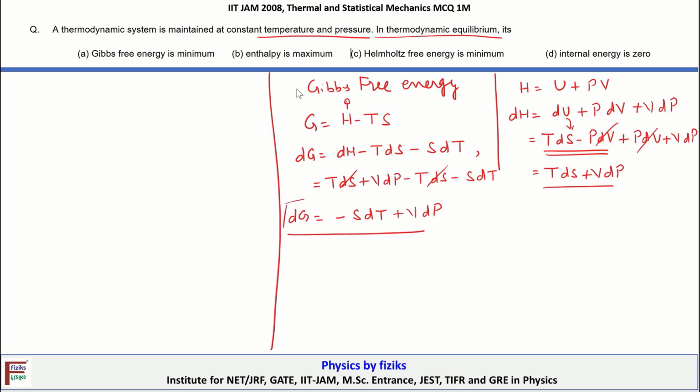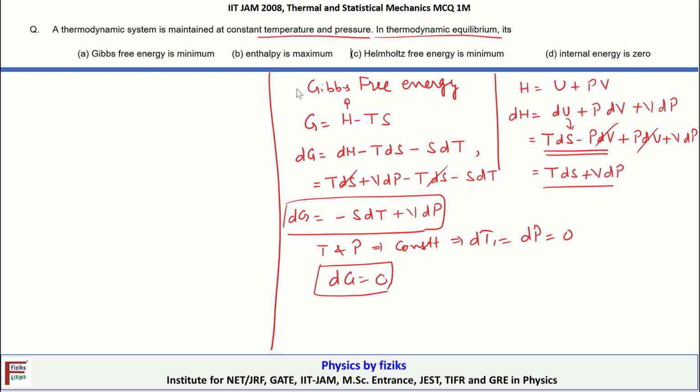Okay, so now when T and P, both of them are constant, so this implies dT equal to dP, that is equal to 0, and which says that dG acquires some certain minimum value. Okay, so therefore here the correct option is Gibbs free energy, that is minimum. So A is the correct one here.